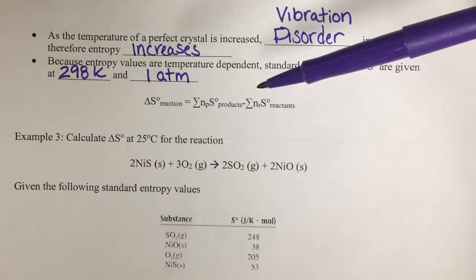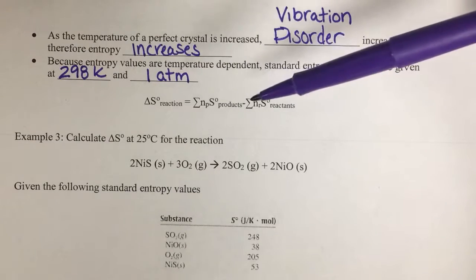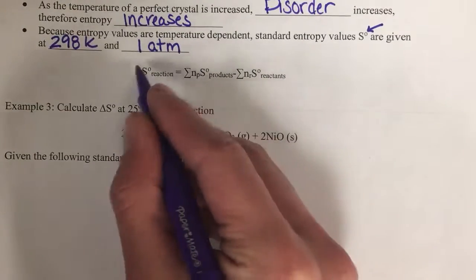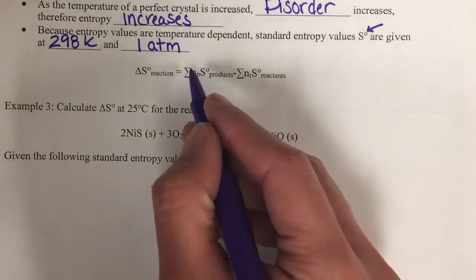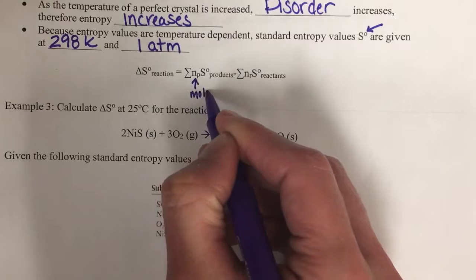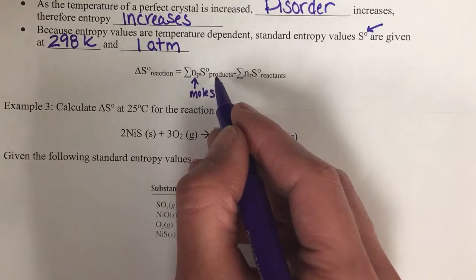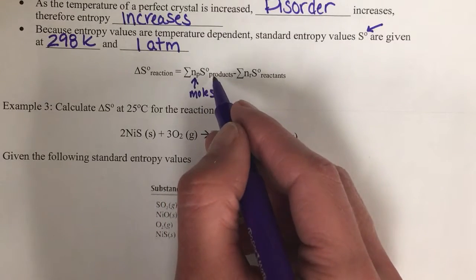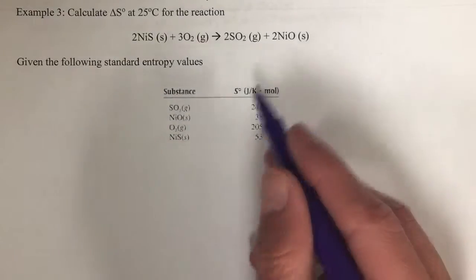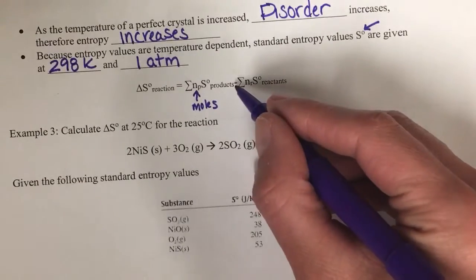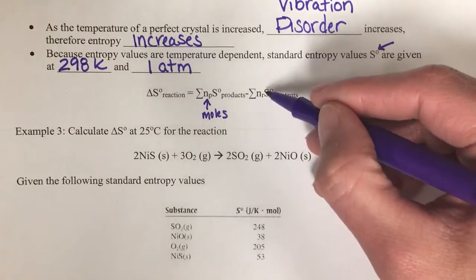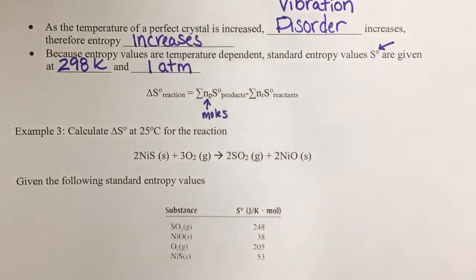We've seen this exact reaction before for delta H. To determine the change in entropy for my reaction, I'm going to take the sum of the number of moles of each of my products times the entropy value for each of my products given to me in a table, minus the sum of the number of moles of my reactants times their S value for my reactants.